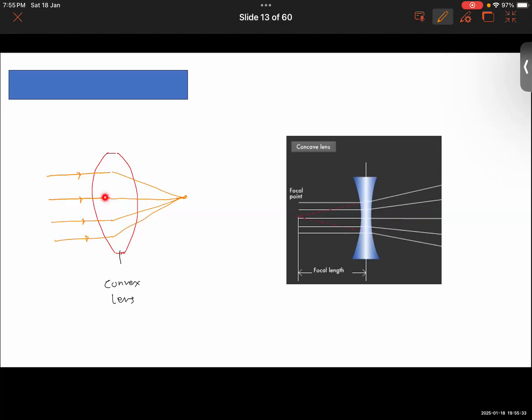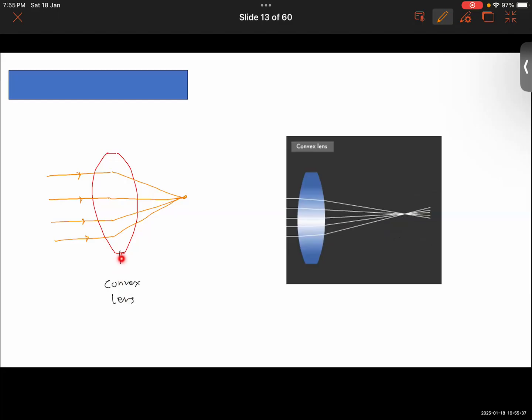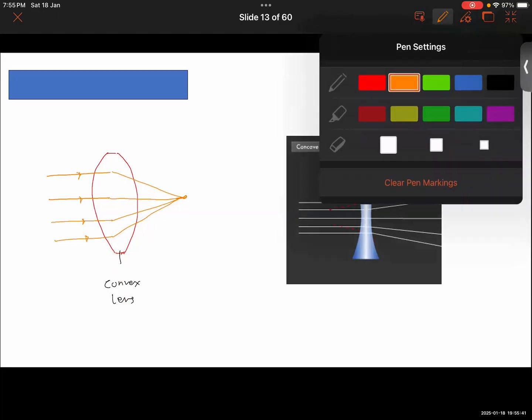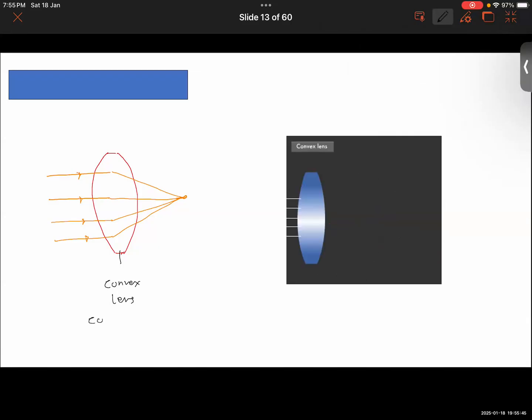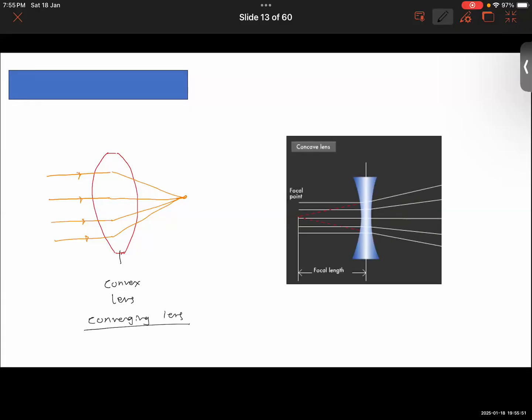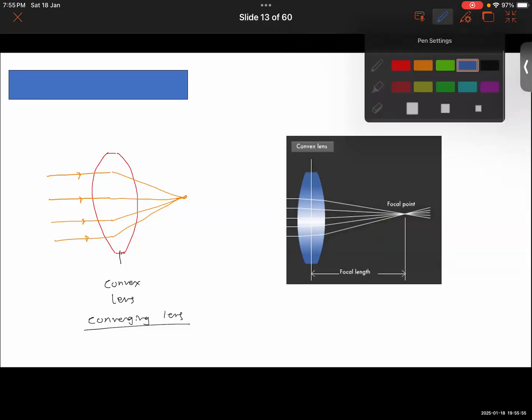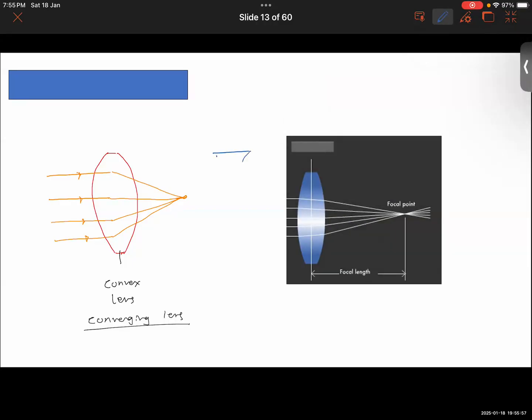So that is one property of the convex lens: when the rays of light pass through it, they meet at a point. Basically, it is converging the rays of light, so can I call this the converging lens? Yes, sir. Now, what about the concave lens, the other type of lens you see in this animation? It doesn't meet.